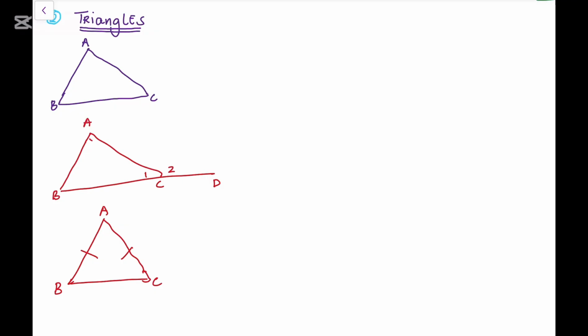Now, for any triangle, if you add all the angles in a triangle, remember, they must always give you 180. So that means here, angle A plus angle B plus angle C is equal to 180 degrees. Remember, every statement must be accompanied by a reason. So the reason here is sum of angles in a triangle.